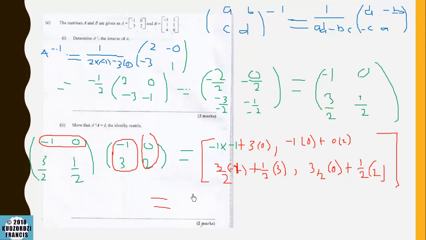This will give us positive 1, 0, 0, and then 1.